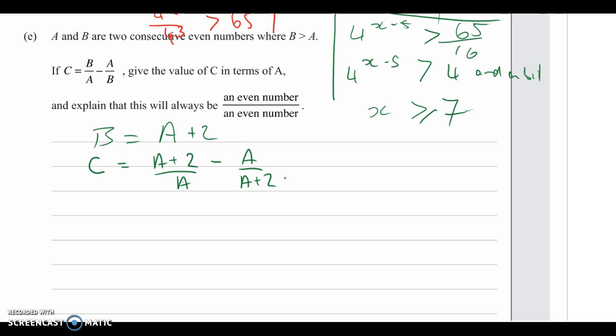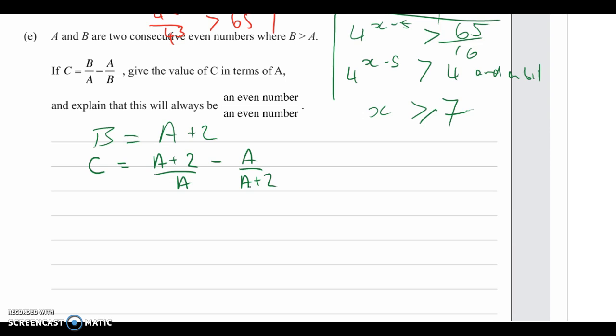So let's just think about this. Let's rearrange it, because they wanted an even number over an even number. So let's just make this into a common denominator.